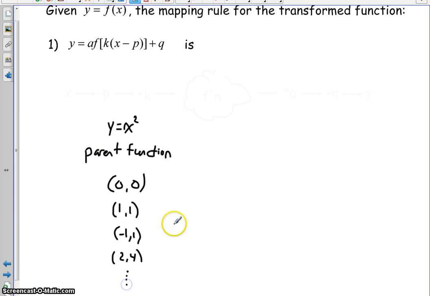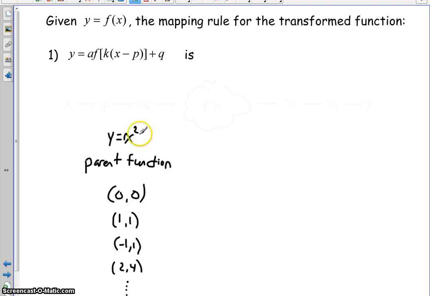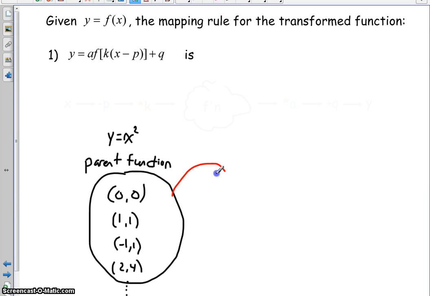But all of these points are going to get transformed according to what's happening in the function. So there could be a vertical stretch, vertical compression, reflection, horizontal shift, vertical shift, and what have you. What that mapping rule does is we can take all of these points and plug them into our mapping rule, which we'll have to make up based on our transformations.